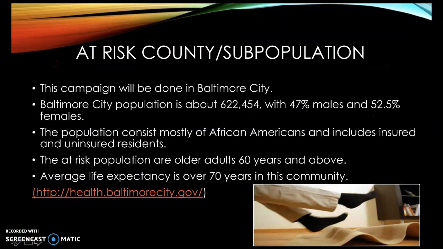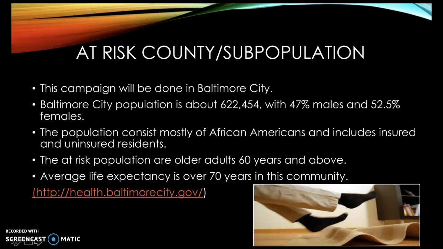For the at-risk population and county and subpopulation, we'll be using Baltimore City. That is where this campaign will be delivered. The Baltimore City population is over 600,000 people, with 47% males and 52.5% females.